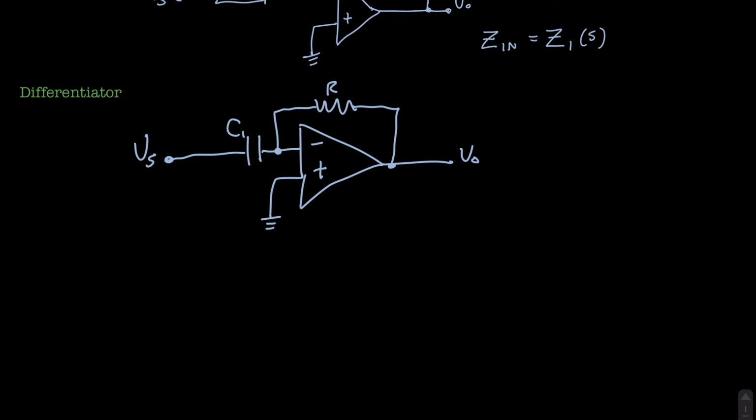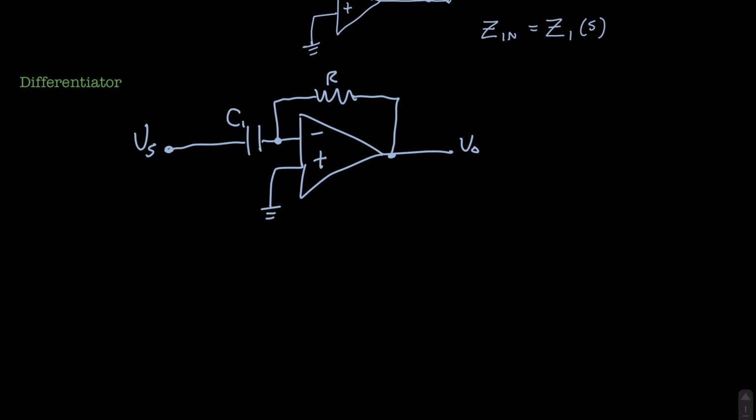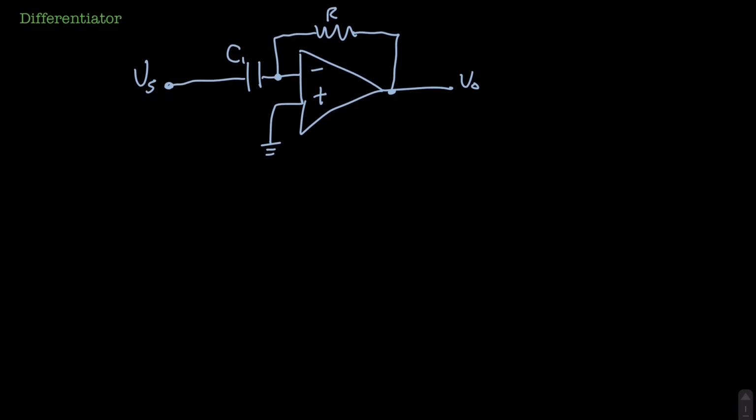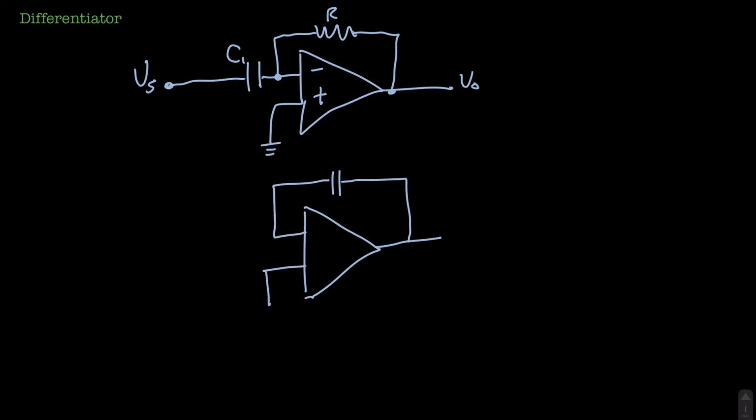And actually, let me just introduce all the different architectures, and then I will show you some equations and how they work. So the next one, you're probably going to guess what this is. This is going to be an integrator. And it looks just like a differentiator, you just have some components swapped.